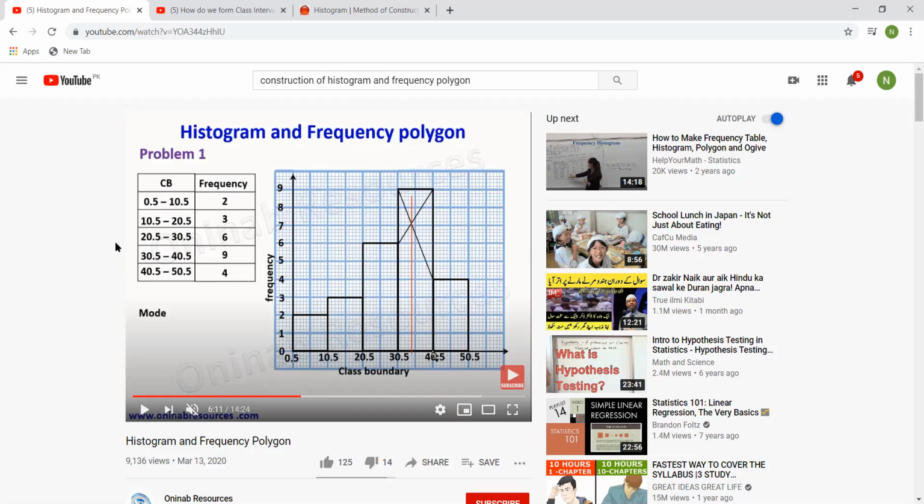So the highest frequency represents the modal class, and to find the mode we draw the lines from the corner of the highest frequency bar to the next frequency bar. So the mode of the data is 34.5. This is the histogram of the frequency distribution table, and you can calculate the mode of the distribution table by drawing the lines.